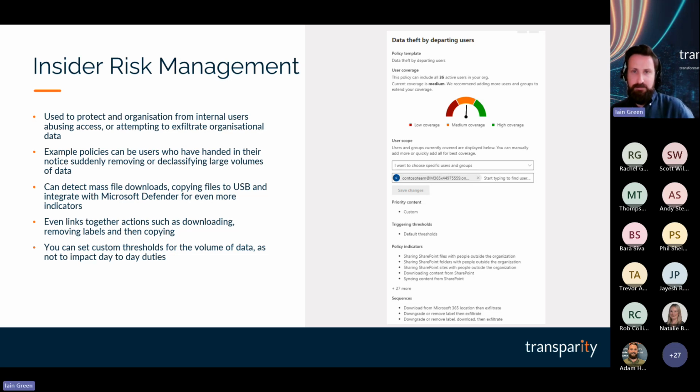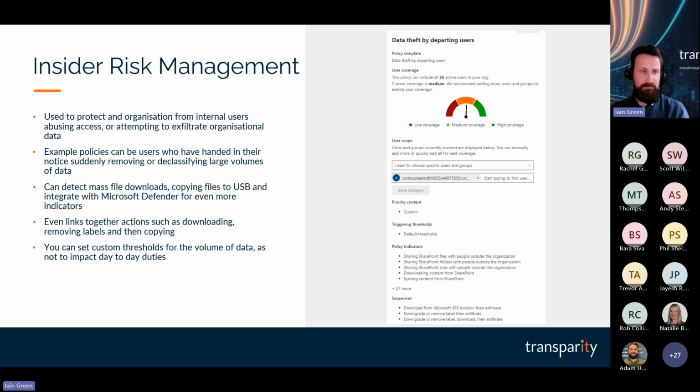So we've talked about protecting people's files in things like sharing from OneDrive and SharePoint. However, the other side of this Purview protection is more inward focused, which is insider risk management. Insider risk management is there to protect against users potentially trying to exfiltrate data, either intentionally or unintentionally.